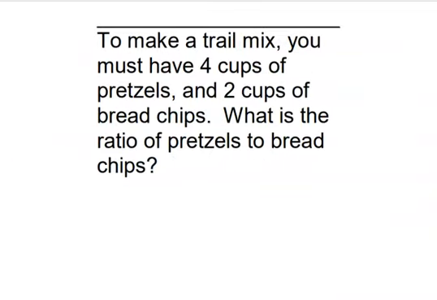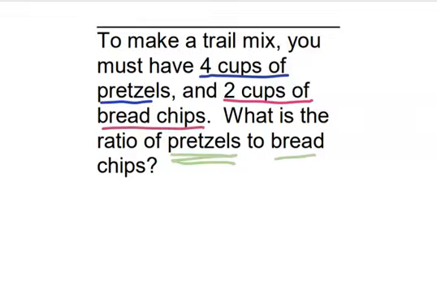To make a trail mix, you must have 4 cups of pretzels and 2 cups of chips. Okay, so 4 cups of pretzels and 2 cups of bread chips. What is the ratio of pretzels to bread chips? Okay, so pretzels was 4 and bread chips had 2.